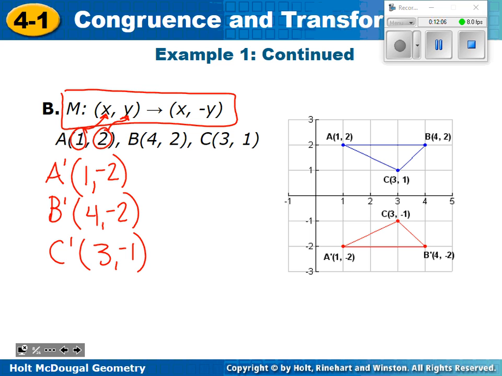So I love that. So you wouldn't be able to write a rule if it was across something else. If you are able to write a rule, then it's only going to be across one of your axes. I gotcha. Okay, so then go ahead on your graph paper, graph those points, and label them A prime, B prime, C prime.